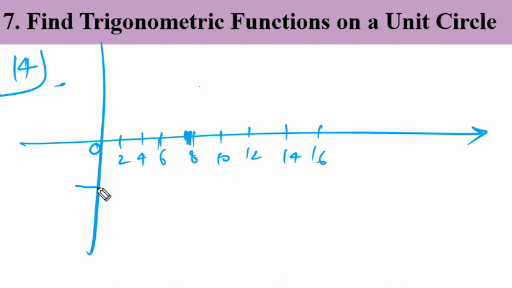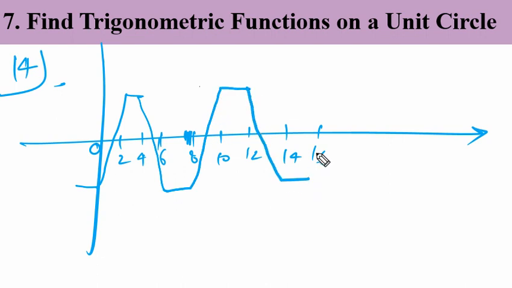So what is this shape? It's just going up to 2 and then 4, coming down in between. Okay, so something like this is the shape.